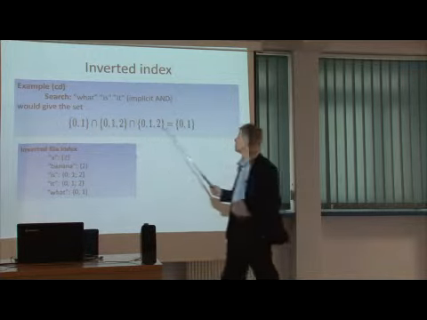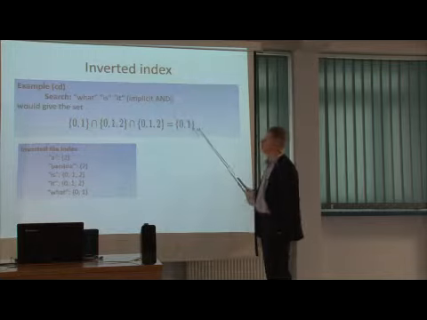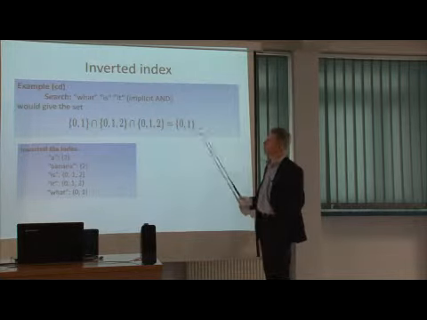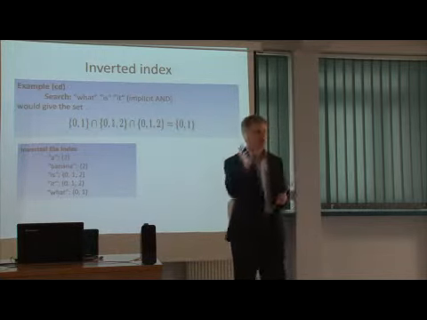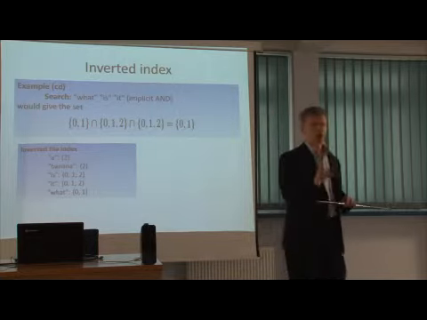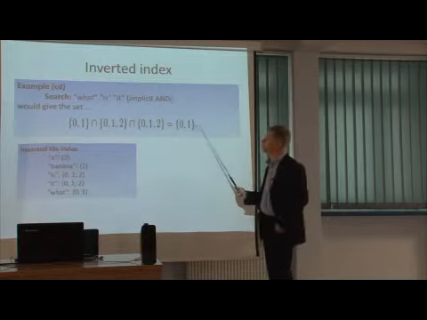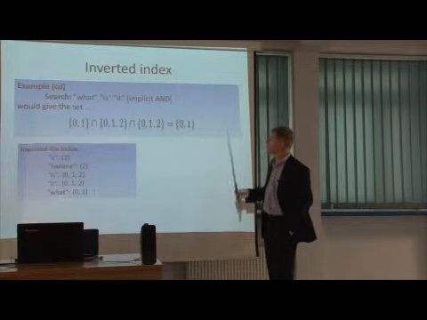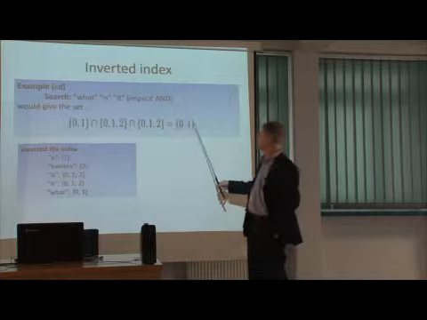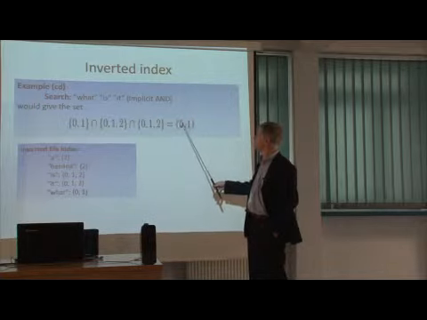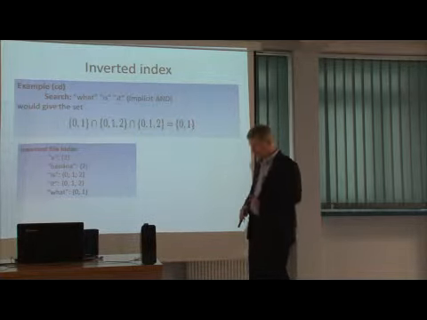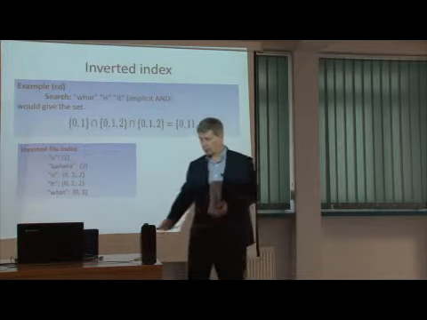We do the intersection and we get the document numbers that have all these terms. So essentially we translate a query into a Boolean logic expression, and the end result is a collection of numbers, which are document numbers.